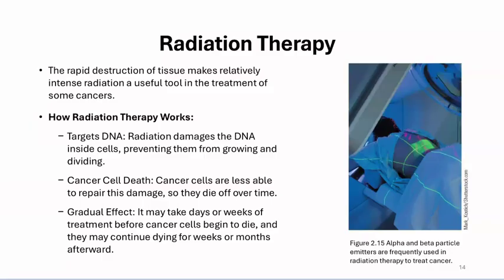But the thing is that once radiation therapy has occurred, those cancer cells may continue to die for weeks and months after the therapy has occurred. As we can see on the image on figure 2.15, alpha and beta particle emitters are frequently used in radiation therapy to treat cancer cells.